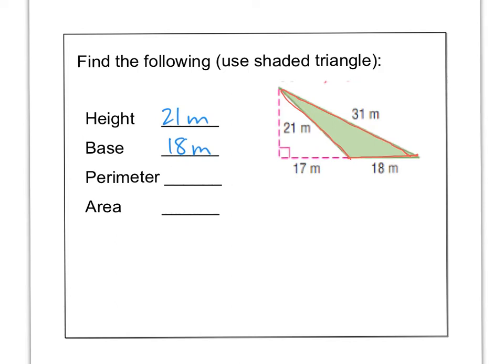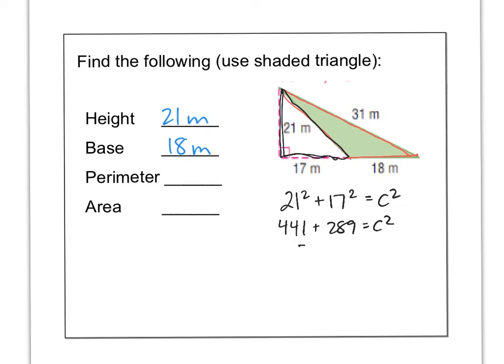We're going to use this triangle over here on the left, and we're going to do a little Pythagorean theorem. 21 squared plus 17 squared equals c squared. So grab your calculators: 21 squared is 441, and 17 squared is 289. Add that together, and you get 730 equals c squared.